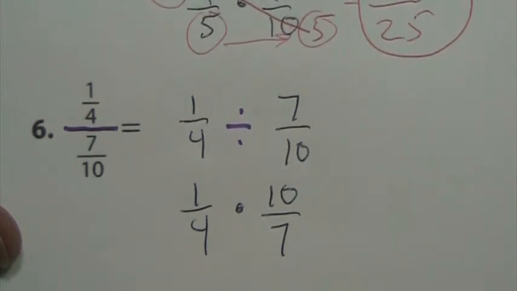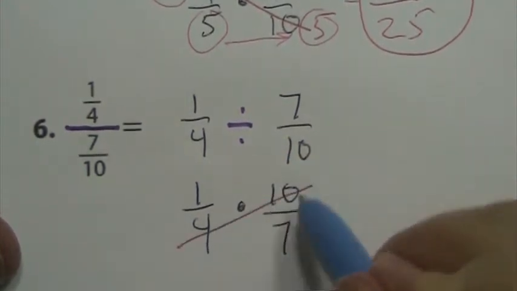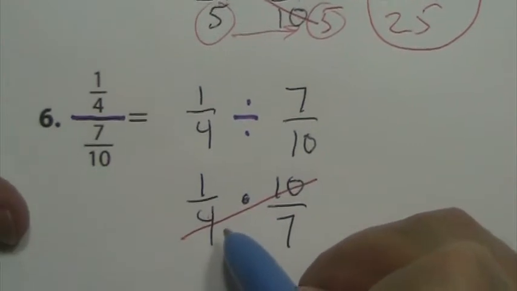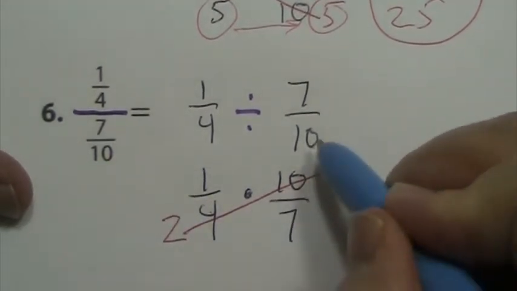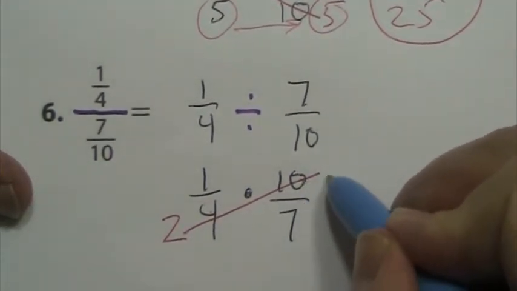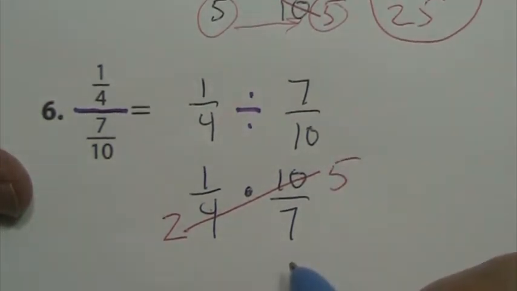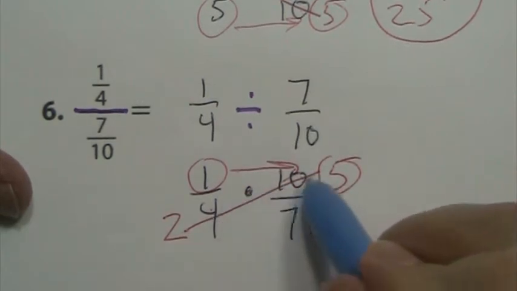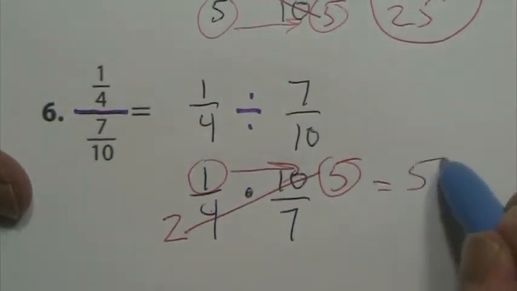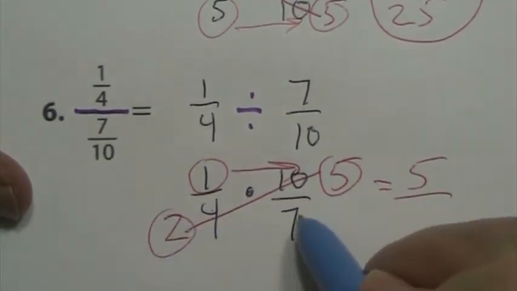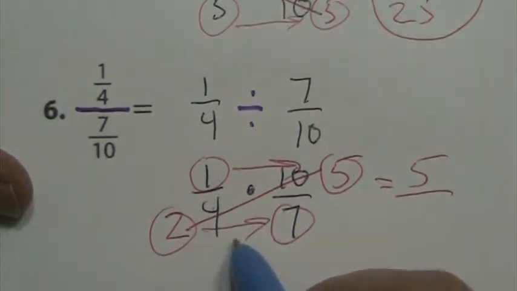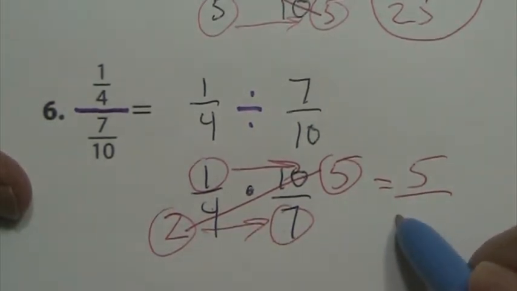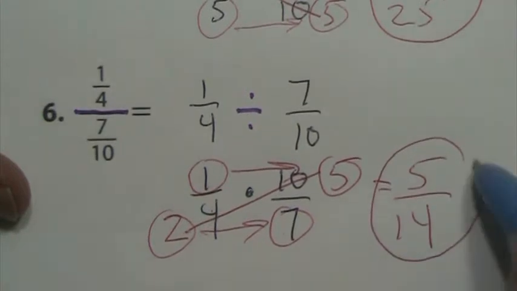So I can do that, because we just did this. 2 goes into both of those. 2 goes into 4 twice. 2 goes into 10 5 times. All right, so I have a 1 and a 5. 1 times 5 is 5. I have a 2 and a 7. 2 times 7 is 14.